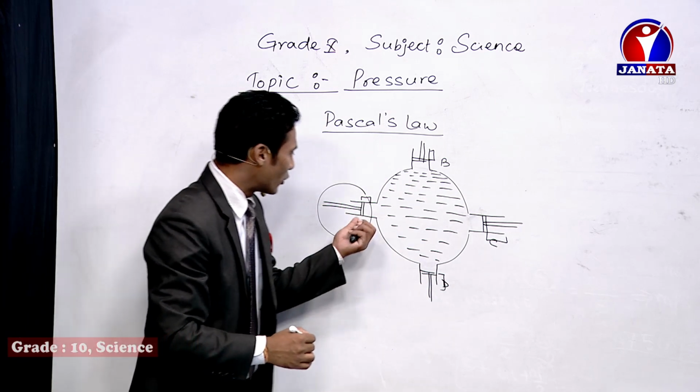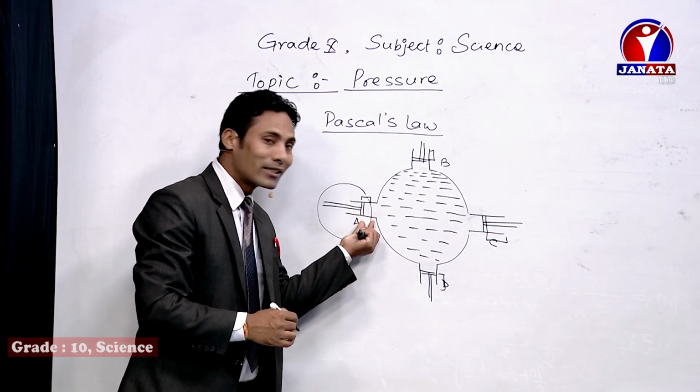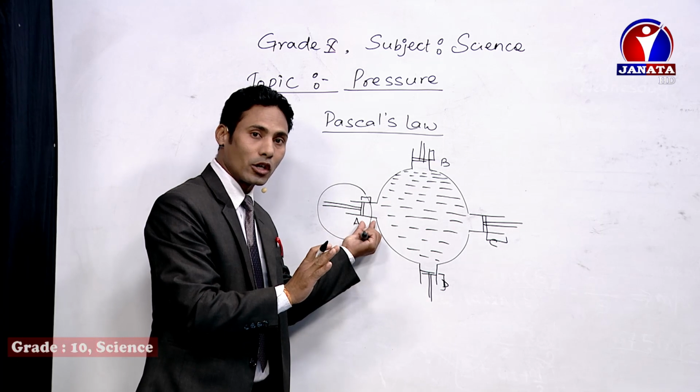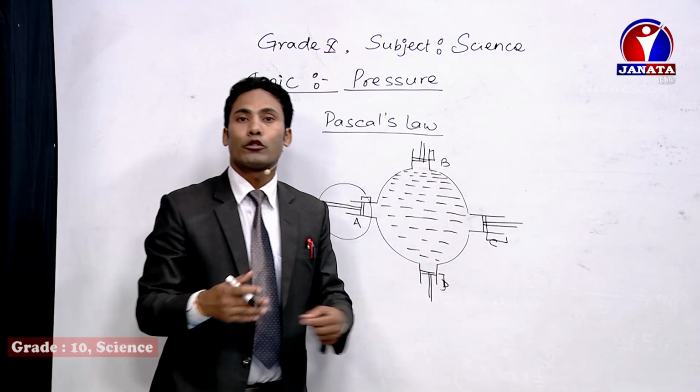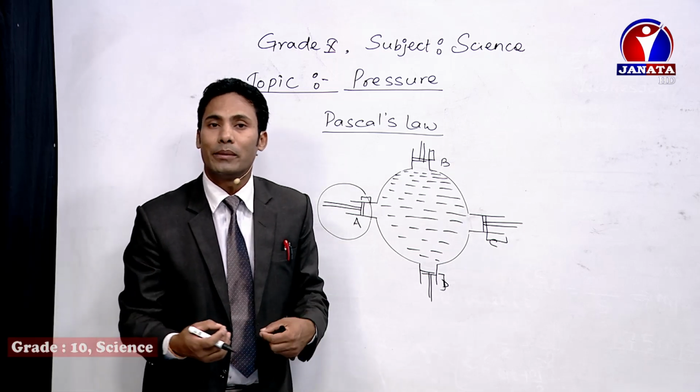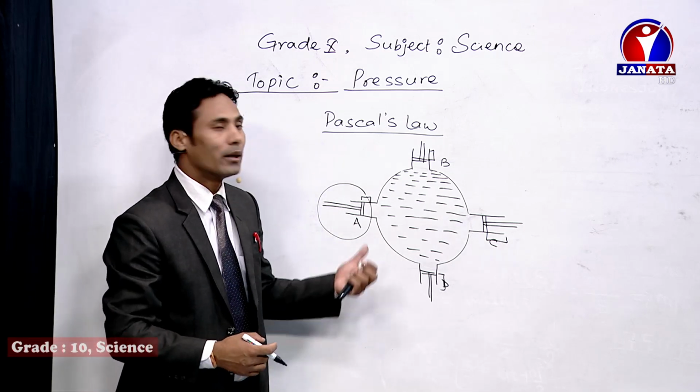That means if a certain length is traveled inward when I apply some force, then B, C, and D will also move outward by the same distance, which proves Pascal's law.